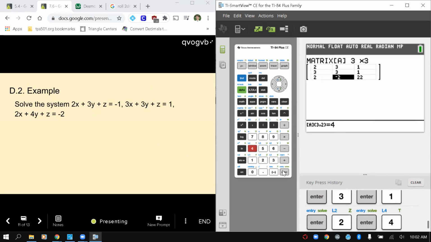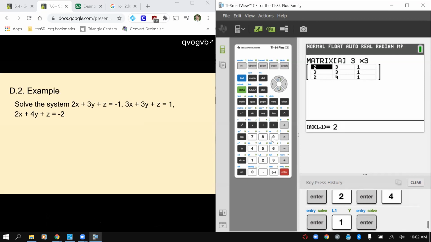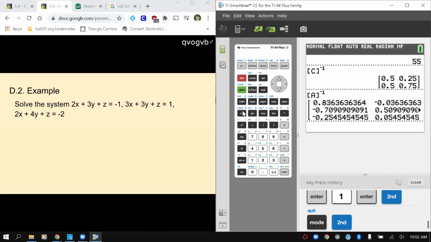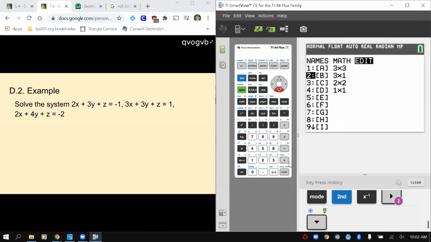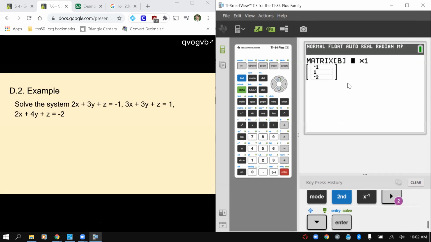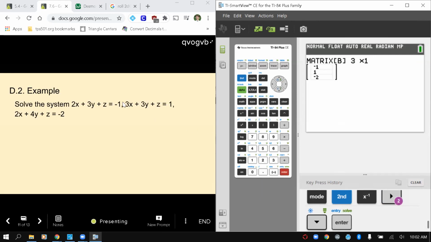All right, then I'm going to go back in, and I'm going to edit a second matrix. As you can see, I already did this for my earlier hour. That's a 3 by 1. And I'm going to enter my 3 constants into here. -1, 1, and -2.